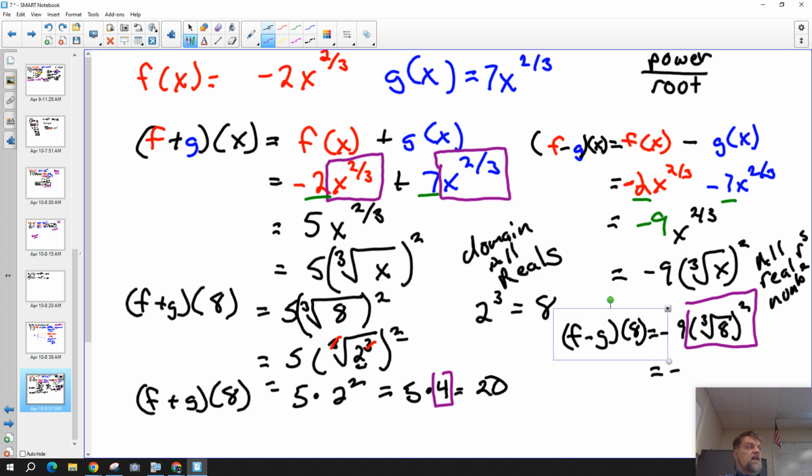So we've got negative 9 times 4. And so then our last line, and I'll write this over here because my face is in the way, f minus g of 8 equals negative 36. And that's it. I'm pretty sure we've done this one.